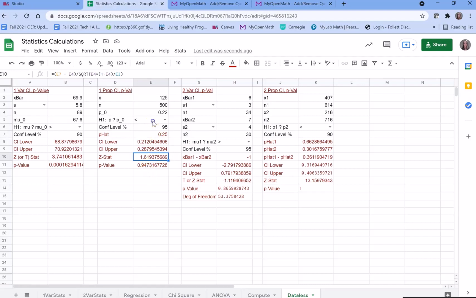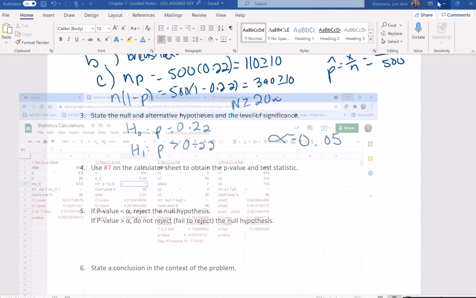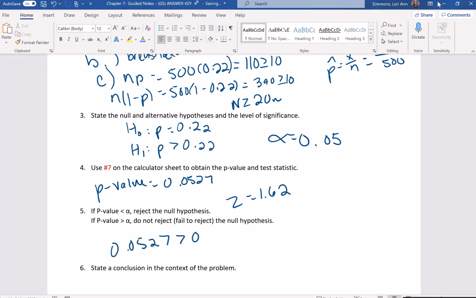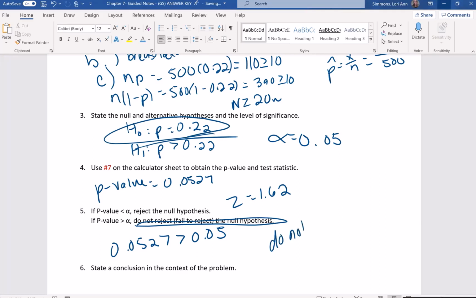The p-value, and we need to change this to greater than, not less than, is 0.0527. Okay, 0.0527 is greater than our alpha. So we do not reject the null.